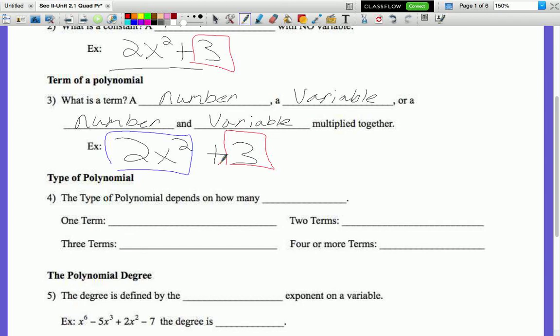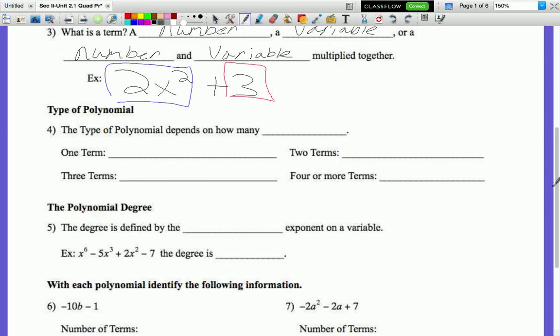Now, the reason why we need to know how many terms there are is because we can give polynomials names based off their terms. So, type of polynomial is what we need to talk about next. The type of polynomial depends on how many terms there are. If there is one term, we call this a monomial.